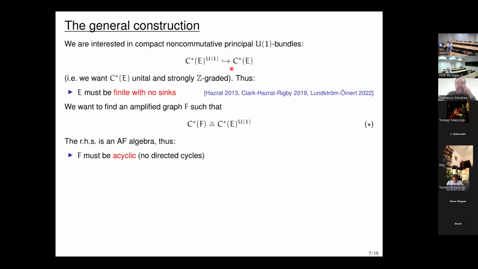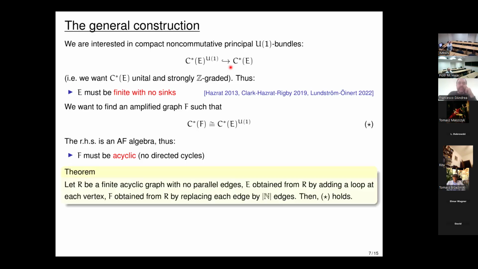Okay, so anyway, let me go on. This is just a motivation to explain that more or less the next theorem is the most general thing we can hope for. So here R is a finite acyclic graph with no multiple edges. So between two vertices, there is at most one edge. From this R, you construct E by adding a loop at every vertex.